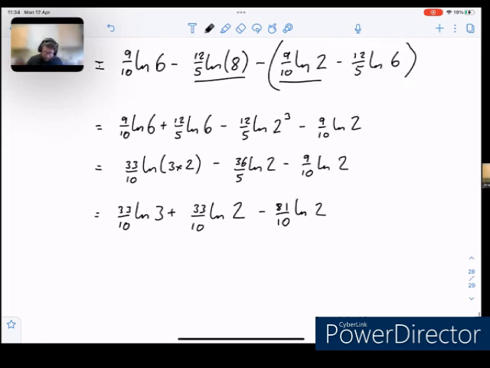So finally we get 33 over 10 log 3, plus 33 over 10 minus 81 over 10, so minus 48 over 10.